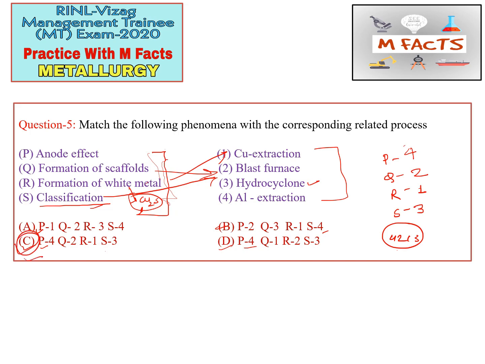Now we will see the explanation of these four: anode effect, formation of scaffolds, formation of white metal, and classification process. First we will see the anode effect. What is anode effect? This is a characteristic phenomenon in molten salts, especially in aluminium. Those who belong to aluminium plants, or have visited them, must have seen this phenomenon.